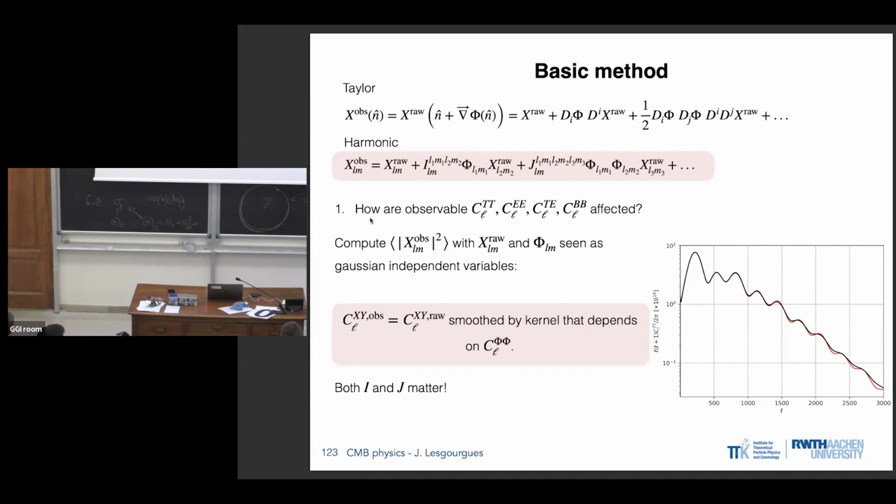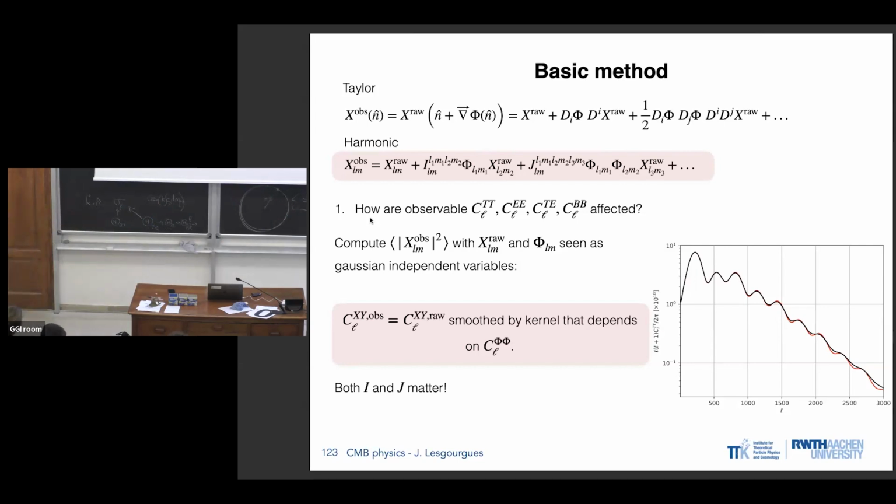This is a spectrum of XX, but this is 0 if φ is a Gaussian variable centered in 0. So this order will vanish. At the next order, I can use two such terms to get a φ squared X squared, or I can get this term times this term to get a second-order φ squared X squared. And these two terms are of the same order of magnitude and contain one C_L of X and one C_L of φ. So I get a relation like this, and this is how you compute your lensed spectrum.